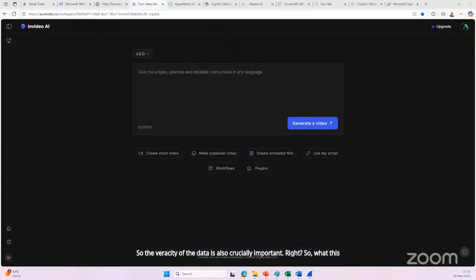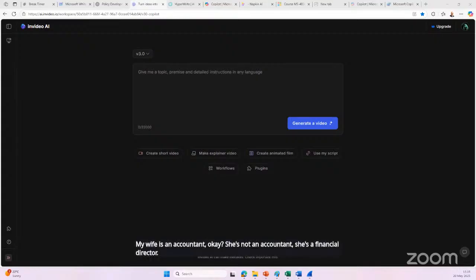So what this means is that we have to train our machine learning algorithms on big data and not on a small subset of data. My wife is an accountant. Okay, she's not an accountant. She's a financial director at a very large organization, and she has to make crucial financial decisions every day.